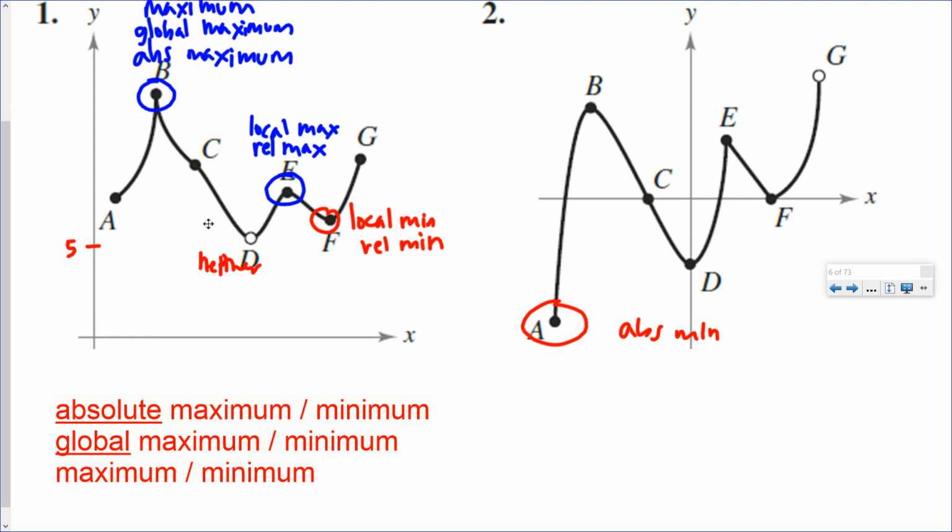Is this sheet our homework? Yeah, this sheet is your homework, 1 through 7. All right, you guys ready?